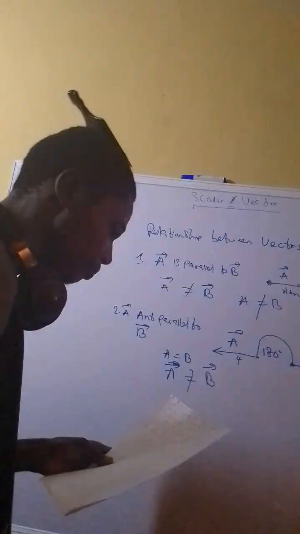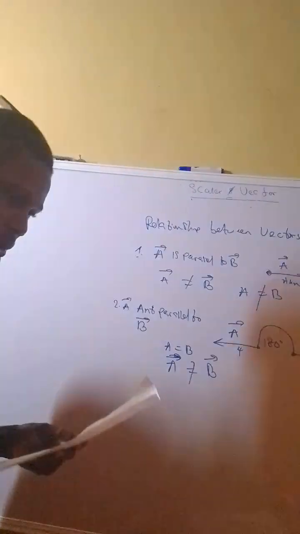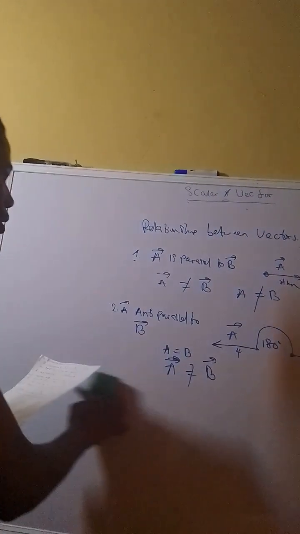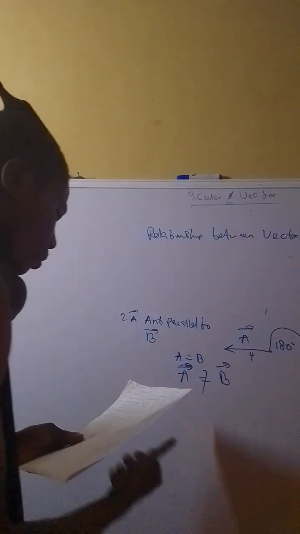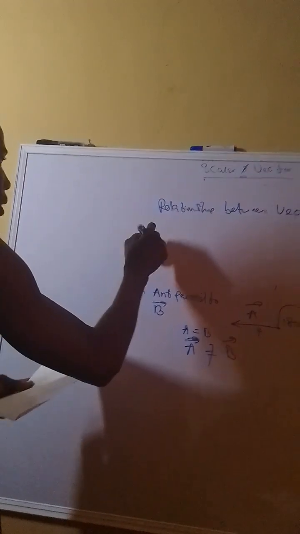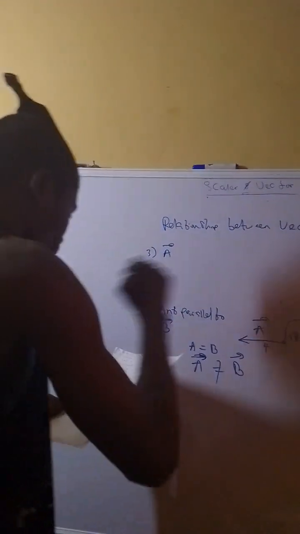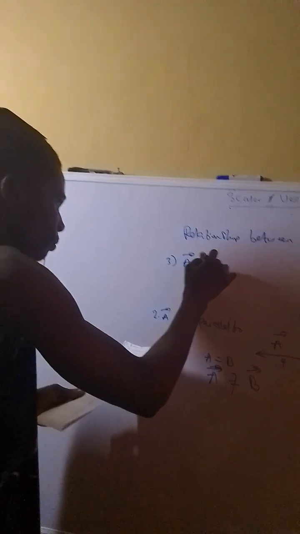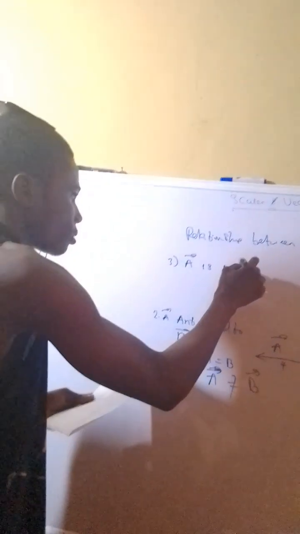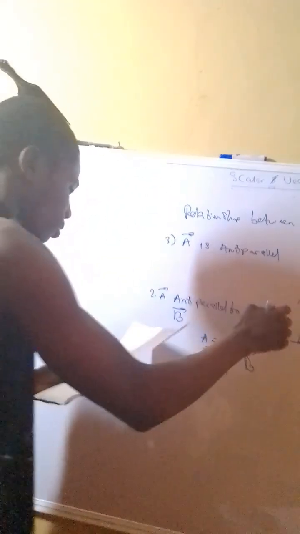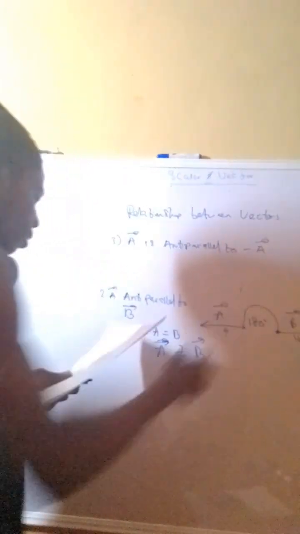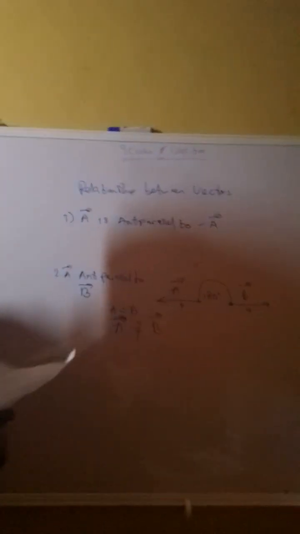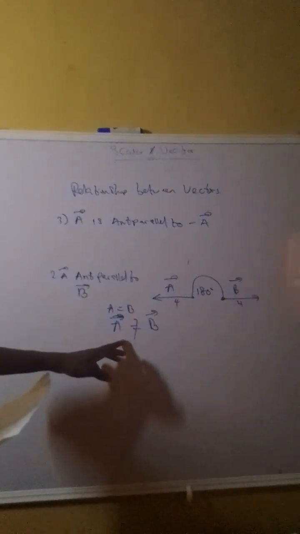Then let's move on to something important. The third one. Now the third one, let's say you have a vector A which is, now look here, anti-parallel to the negative vector A. Now if you look at this again, I tell you that this is anti-parallel, right?